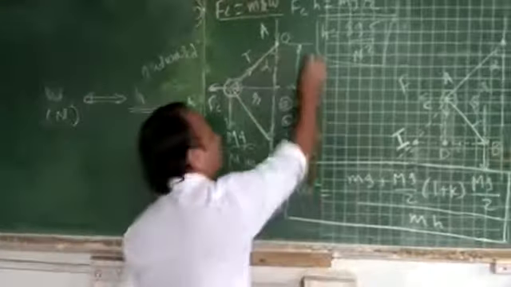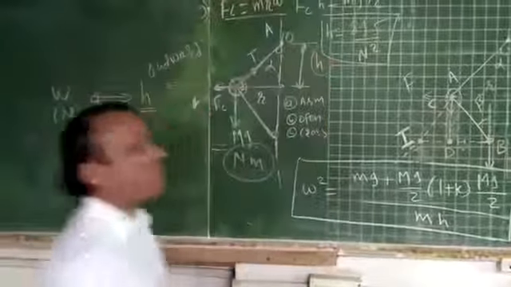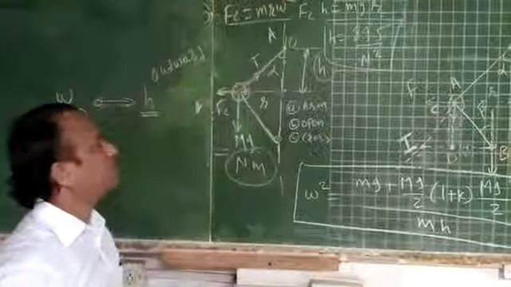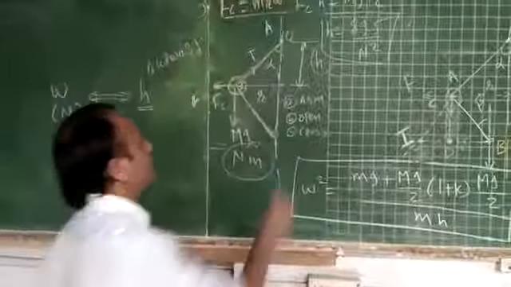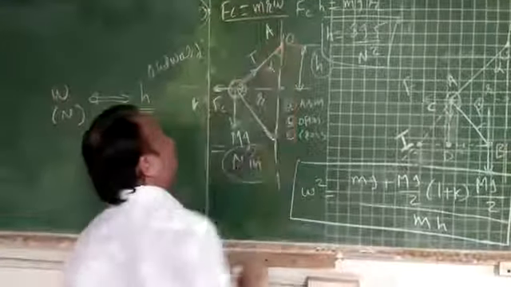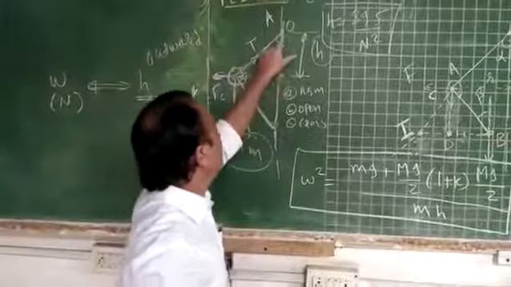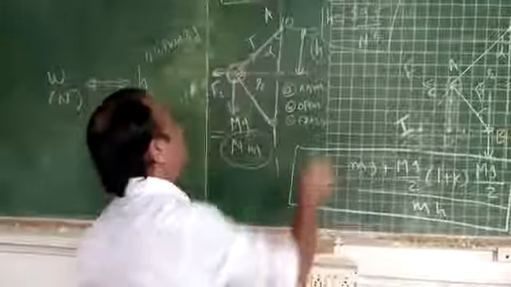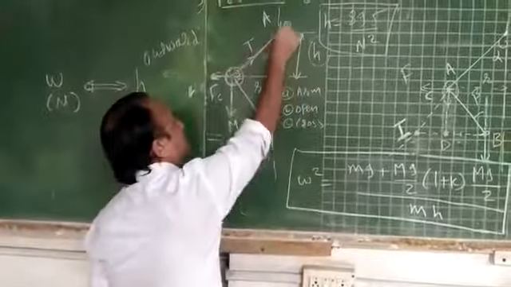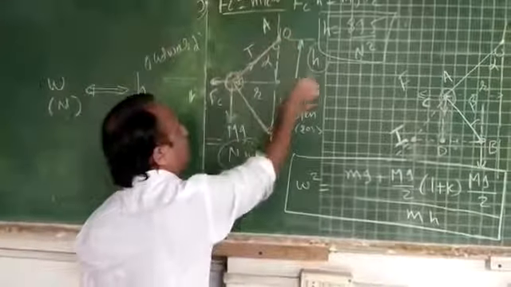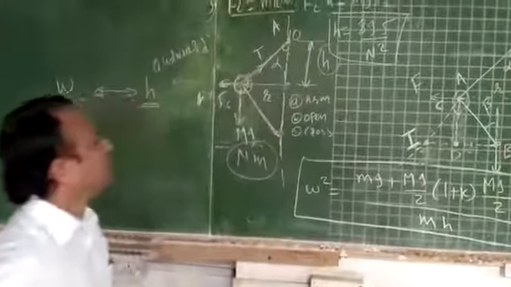Second, h is the height of governor. So height of governor is the distance between fulcrum point and center of governor. So h is the distance between O and center of governor. That is h.